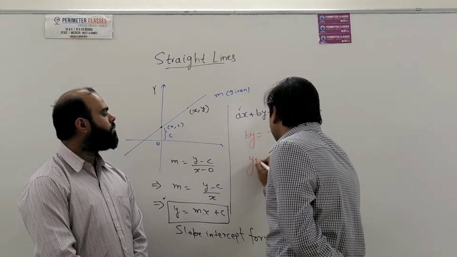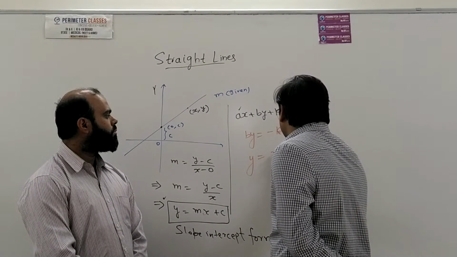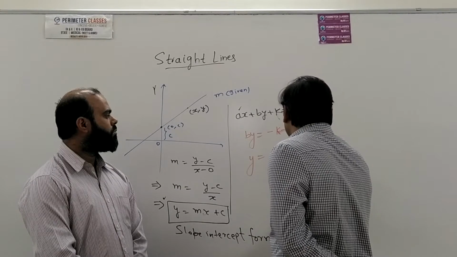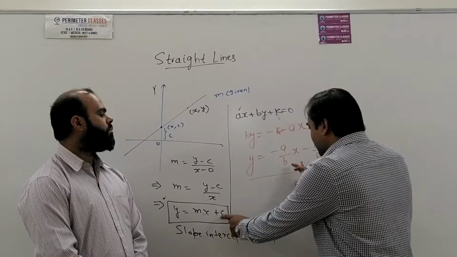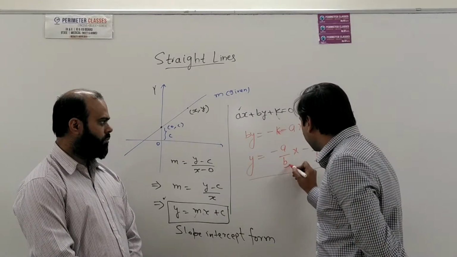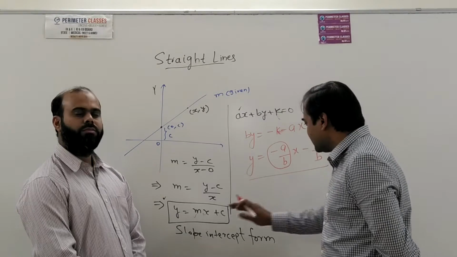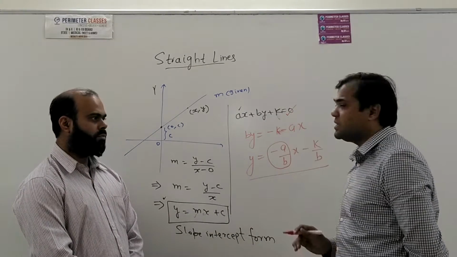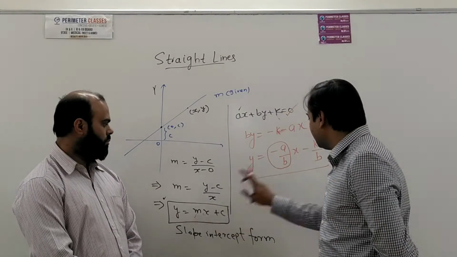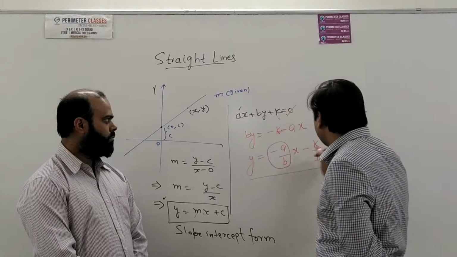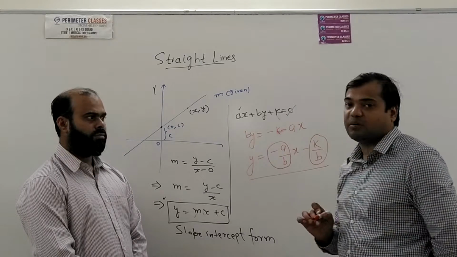So now I can write y as minus a upon b into x minus k upon b. These two equations are of similar form. The only difference is here I have m and here I have minus a upon b. Just by comparing, I can say that this graph represents a straight line whose slope is given by minus a upon b, and the intercept is given by minus k upon b.